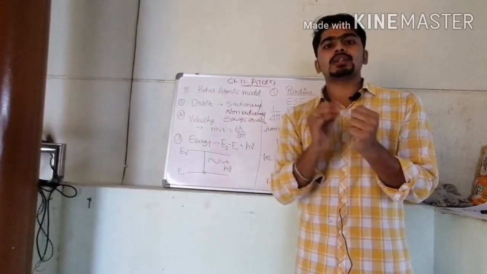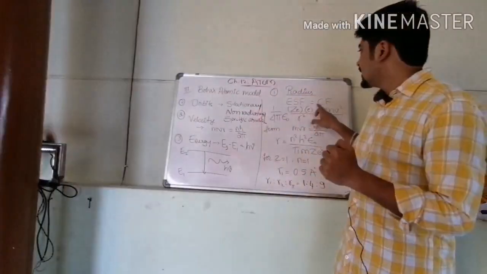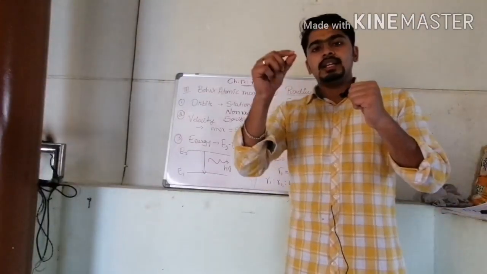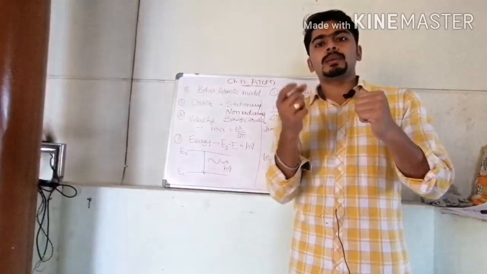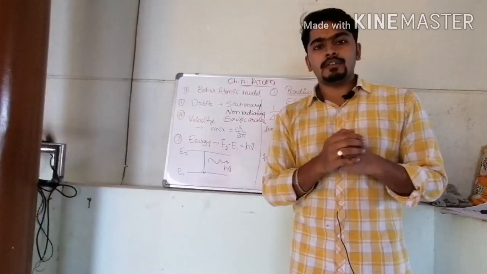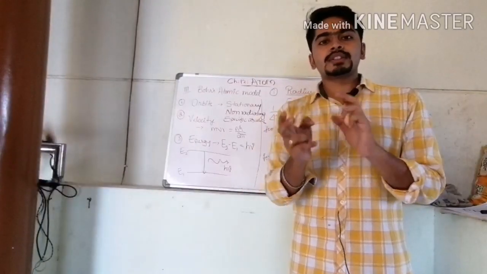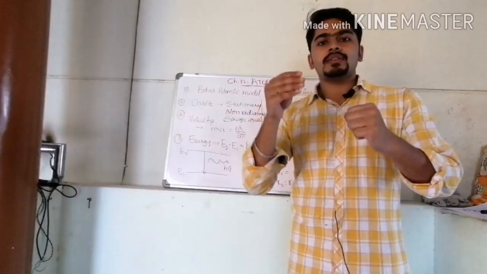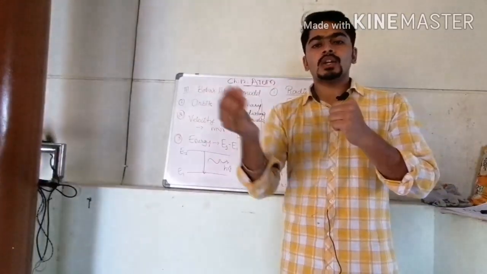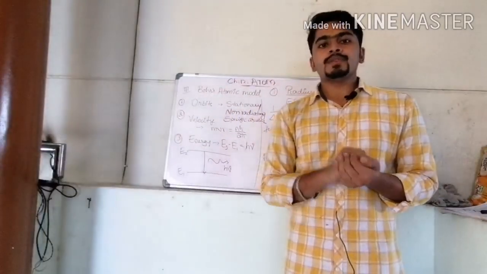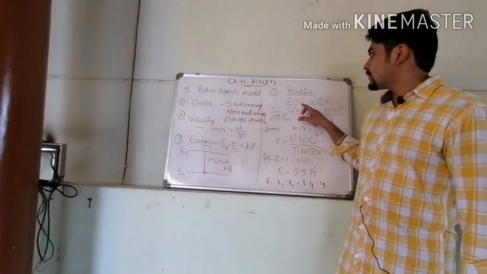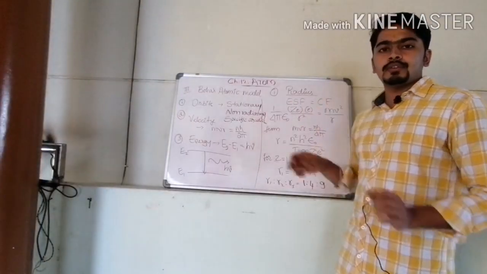That force is the electrostatic force, and it is balanced by the centripetal force of the electron. The electron is revolving around the nucleus, so it must possess some centripetal force. If both the forces are balanced, only then the electron revolves around the nucleus. Otherwise, it may go away from the nucleus or it may fall into the nucleus. Using that condition, electrostatic force of attraction is equal to centripetal force.